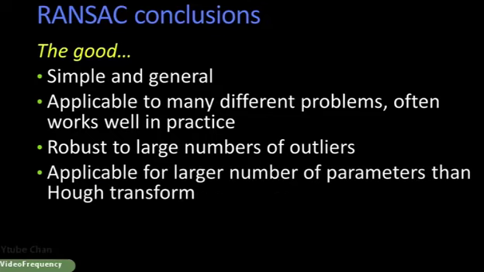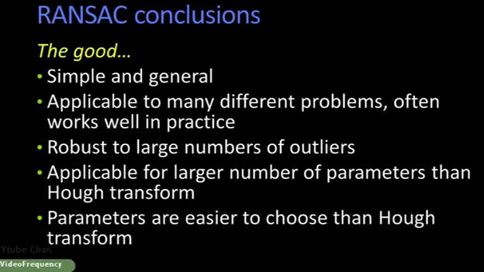We had you do the Hough transform, and those of you doing the OMS are going to do RANSAC as well. I will tell you that in general, it's easier to get RANSAC to work than Hough transforms. The parameters are a little more finicky than in Hough, and for large numbers of parameters, RANSAC just means you have to take lots more samples. It goes up kind of painfully, but not awfully.